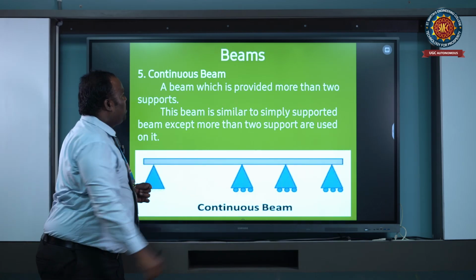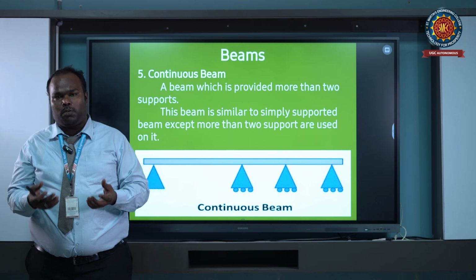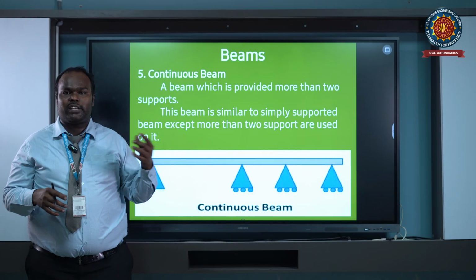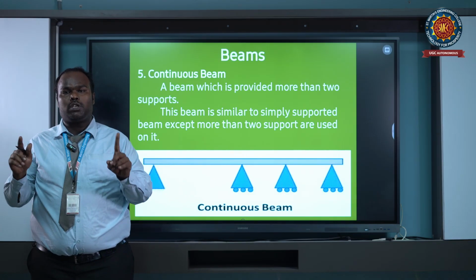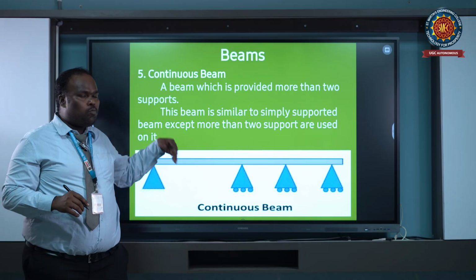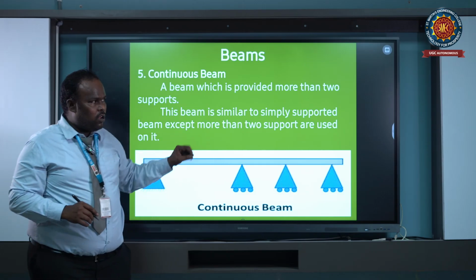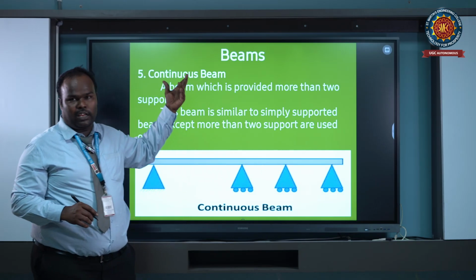And next one, continuous beam. The beam rests on more than two supports. If one side is fixed, it is a cantilever beam. Two supports are simply supported. More than two supports is called a continuous beam. If the beam extends beyond the support, it is called an overhanging beam.